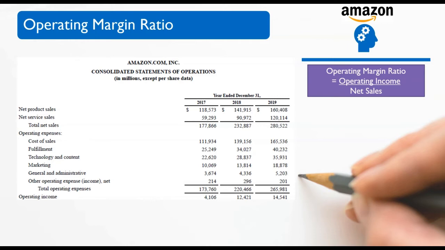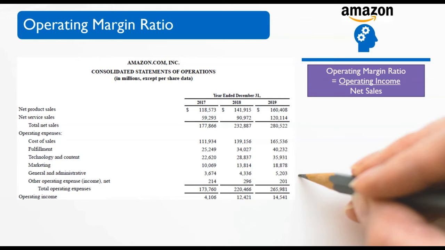The operating margin measures how much profit a company makes on a dollar of sale, after paying for variable costs of production, such as wages and raw materials, but before paying for its interest and taxes. This ratio is also commonly known as the return on sales.